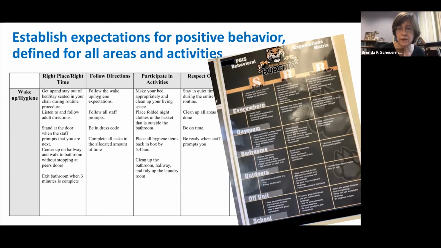So it's worth the time that it takes to get this piece right. By the way, I also don't recommend making big fancy, expensive signs, because this should be a living document. This should be something that you revisit as your data suggest other behaviors that need to be addressed, for example.